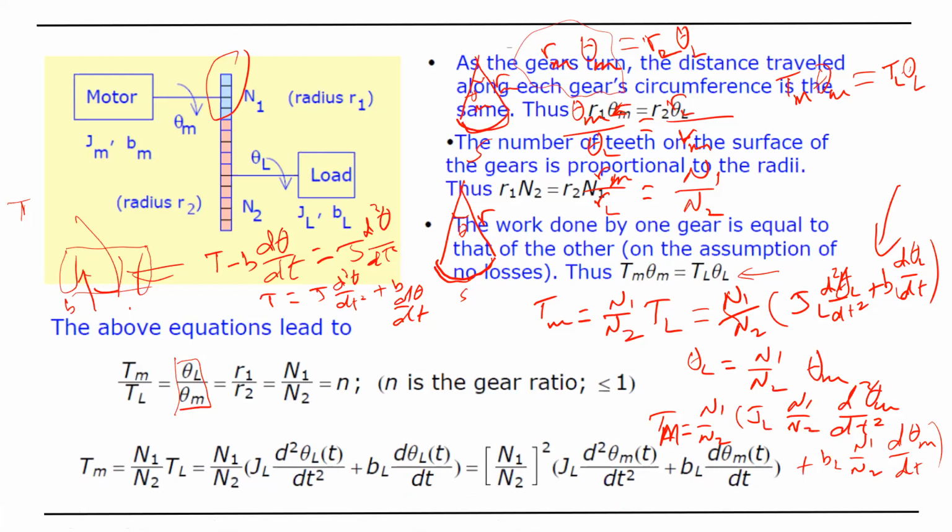So if I want to reflect the load to the motor side through a gear, I have to multiply the moment of inertia by the turn ratio squared and the BL also by the turn ratio squared. Do you agree? Just like the transformer. Exactly, that's what I said at the beginning of the lecture. What is the analogy in electrical engineering? It is exactly the same concept.